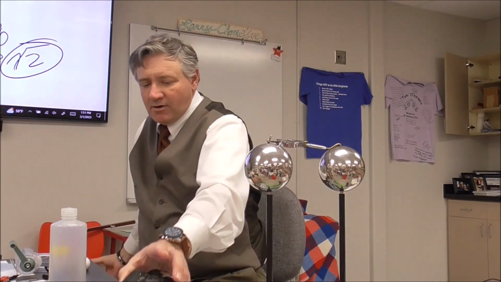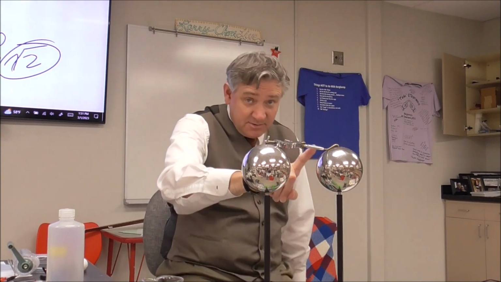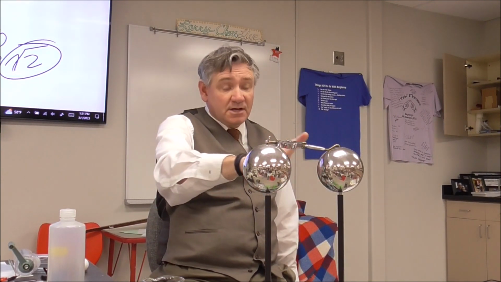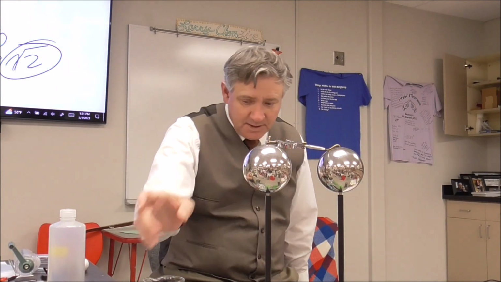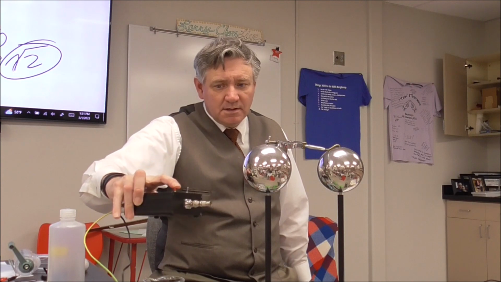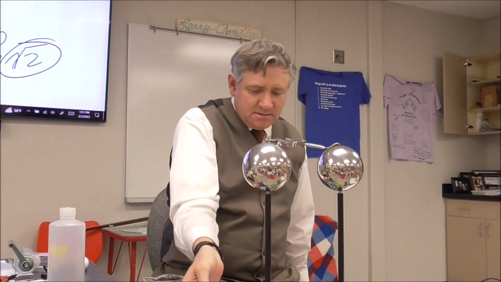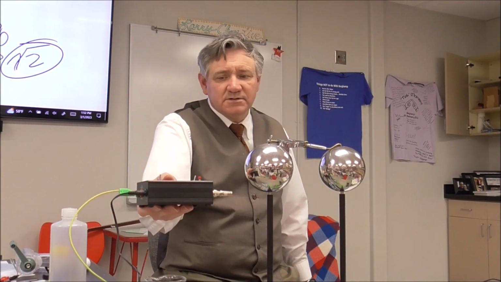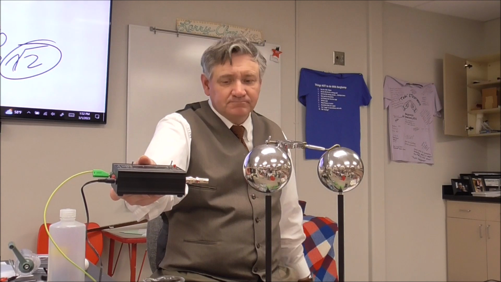Okay? Now, this is two conducting spheres connected by a connecting rod in between. That's also conducting, okay? So I'm going to put my sensor over here, reset that. So that is neutral at this point.